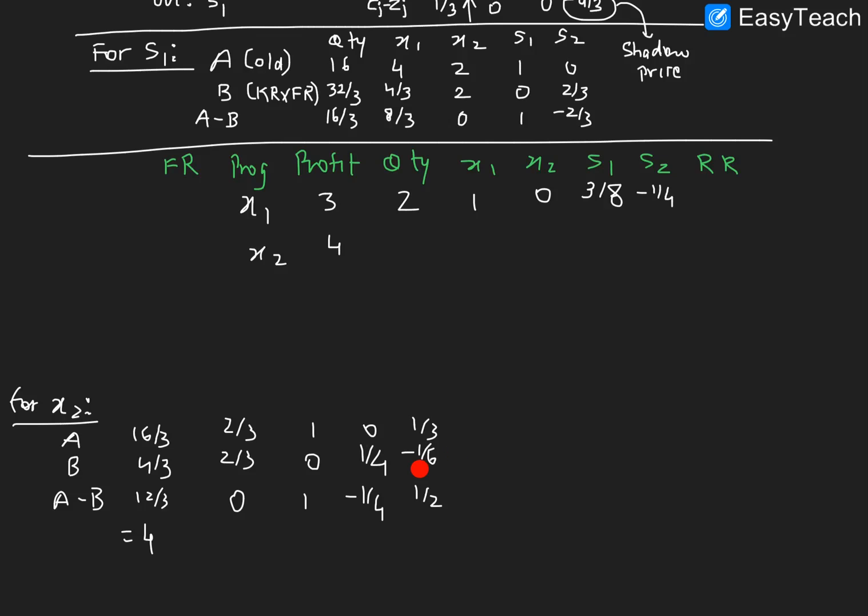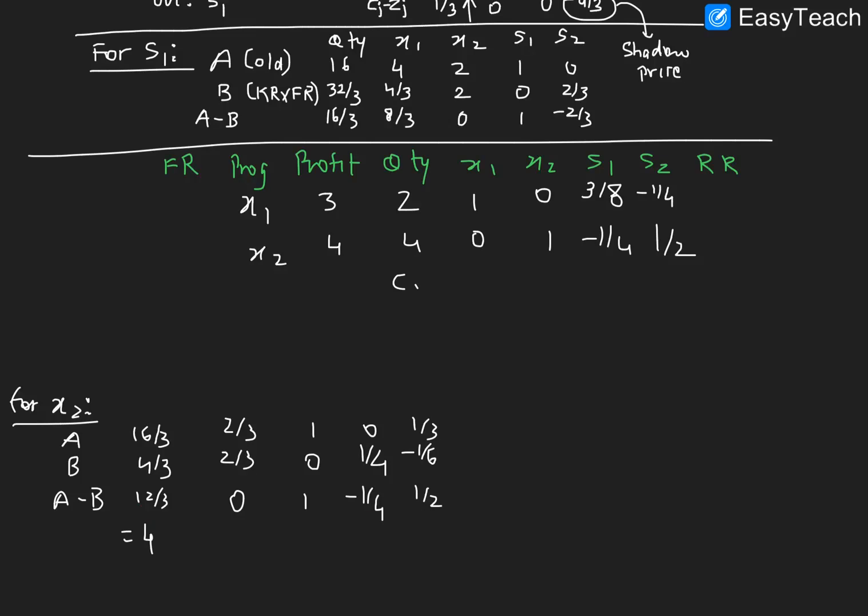So for x2, the quantity we have over here is 4, 0, 1, minus 1 by 4, 1 by 2. All these numbers we got from A minus B.